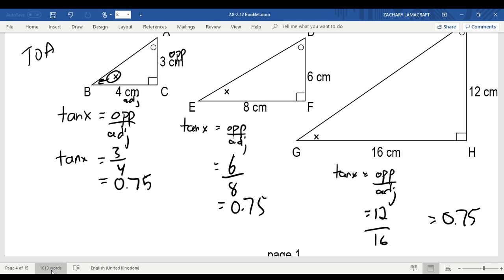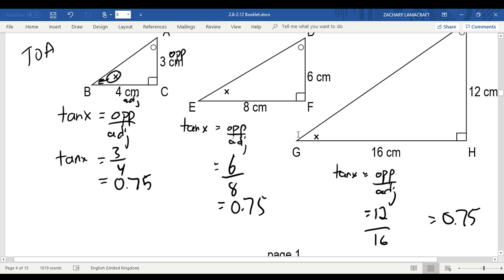That's what we were looking at the last couple of days on 2.6 and 2.7. Some of you missed that lesson, but that's exactly what we're looking at. Similar triangles have different side lengths, but they're equal proportions, but their angles are all the same. Okay? Just give you a second to write that down.